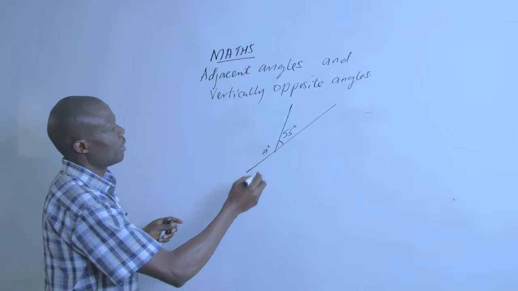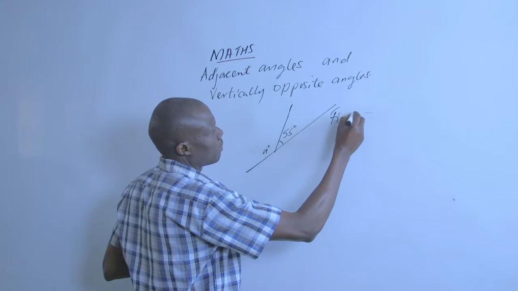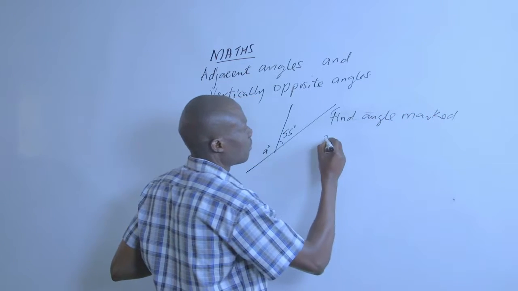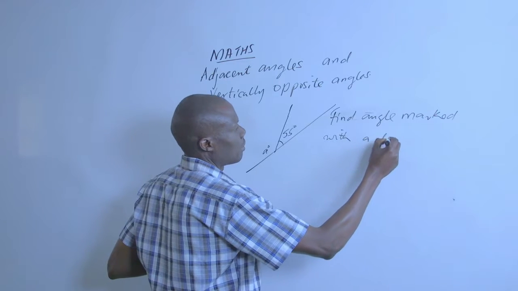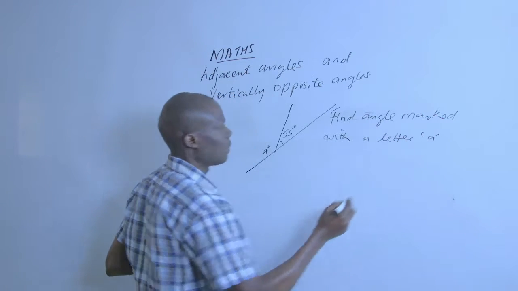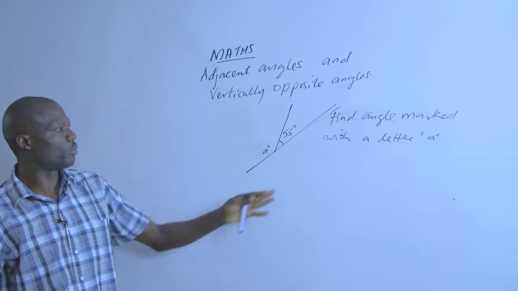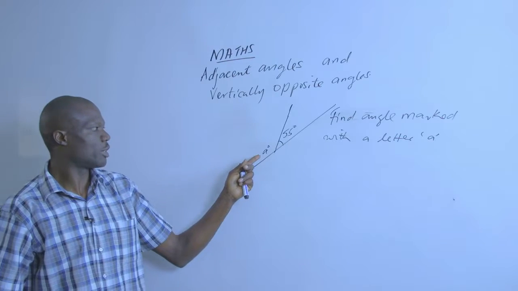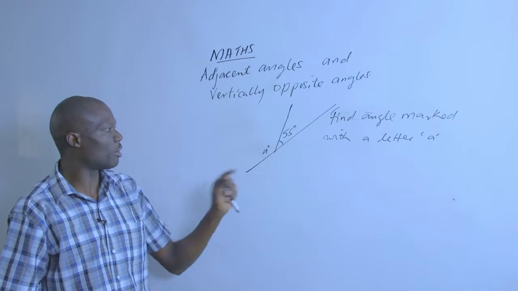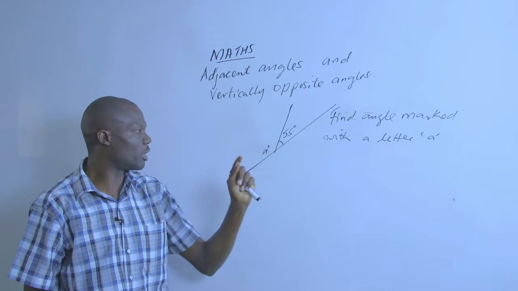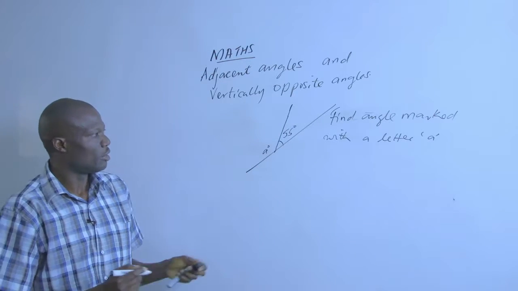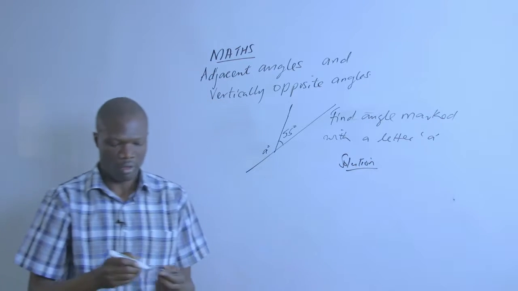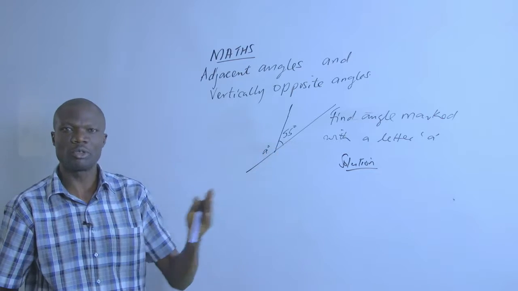Okay, in this question, we are supposed to find the size of the angle marked with the letter A, which is here. We have two angles. One angle is 55 degrees, another angle is A. For our solution, first we need to find the relationship between the two angles.